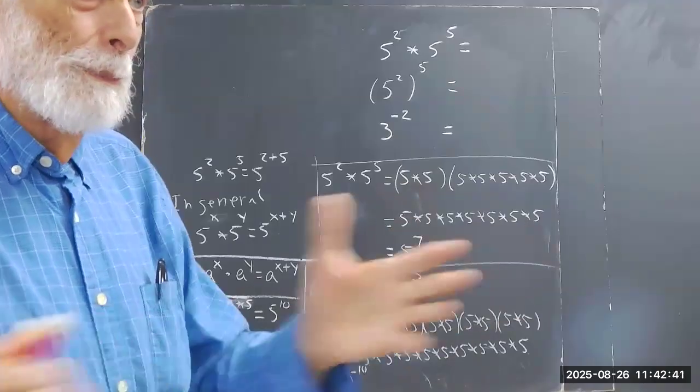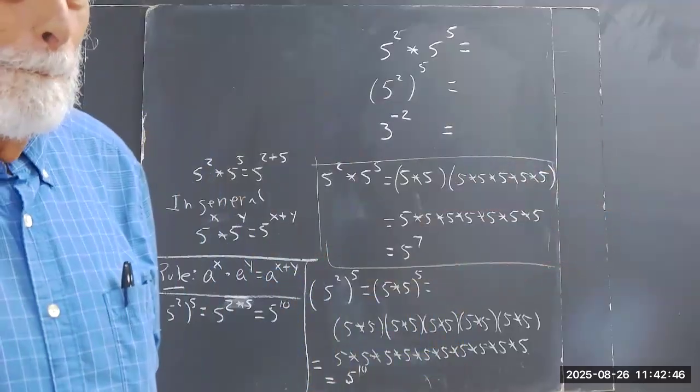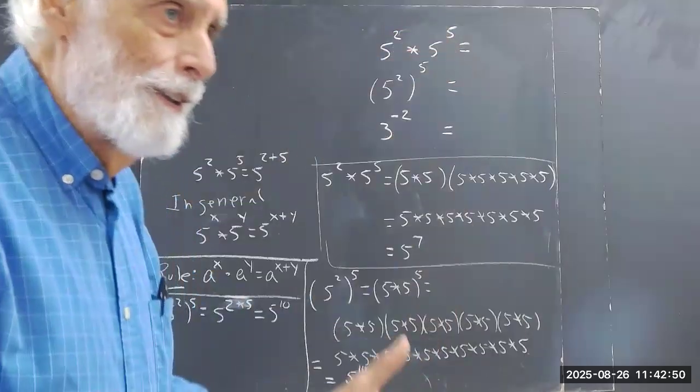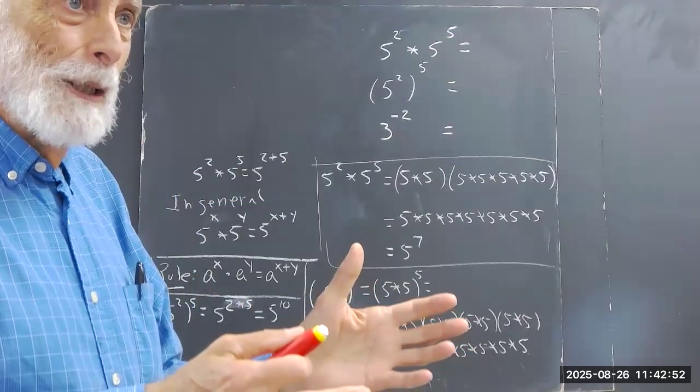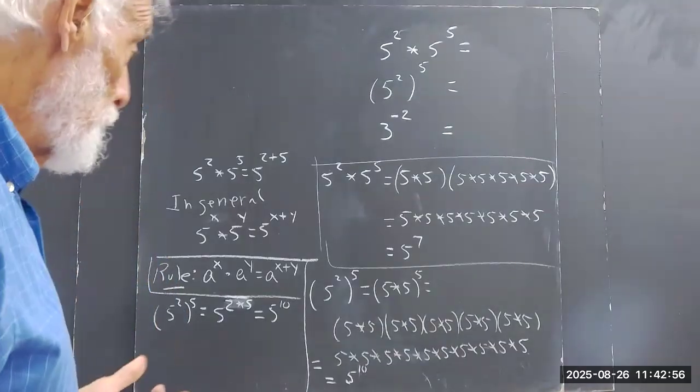I don't know how good your imagination is with 36, but it's going to be a lot of them, right? You got 36 groups and each group has this many in it, so you got to multiply. That's why you multiply exponents.